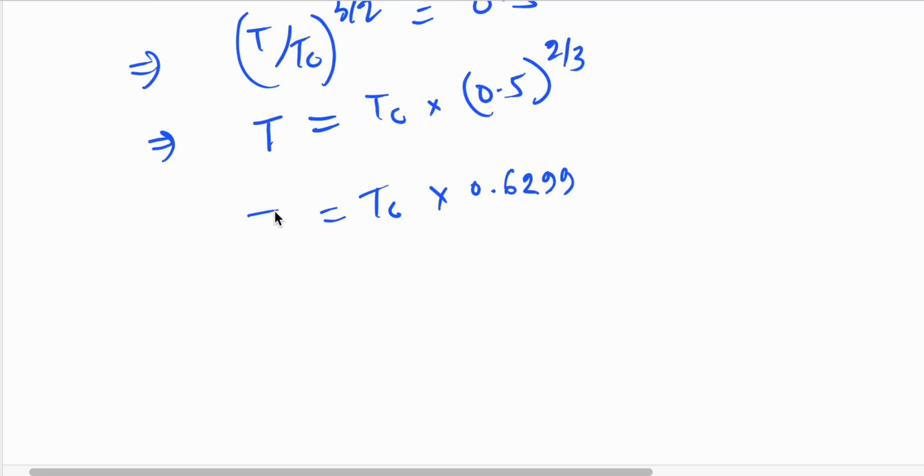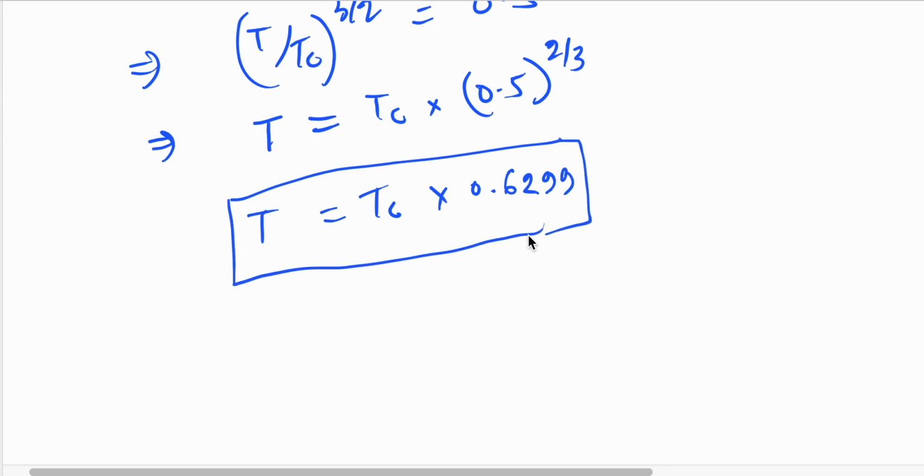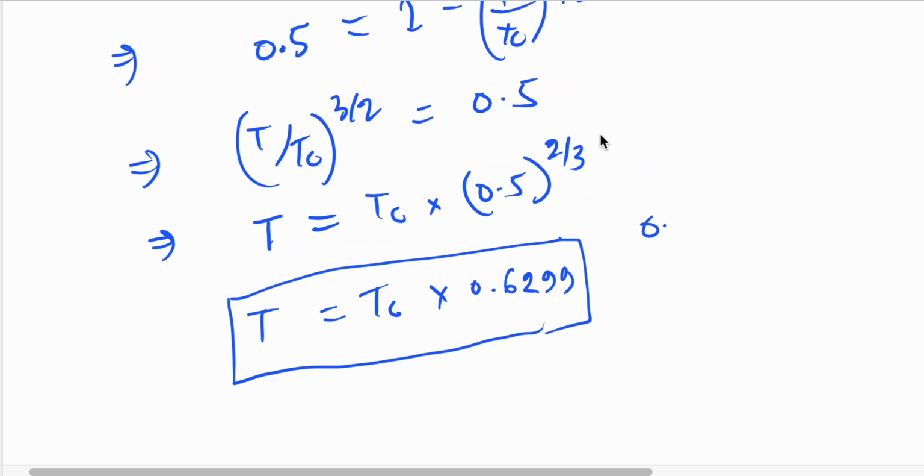That will be the temperature when exactly half the fraction of particles will be in the ground state, that is T equal to 0.6299 Tc.